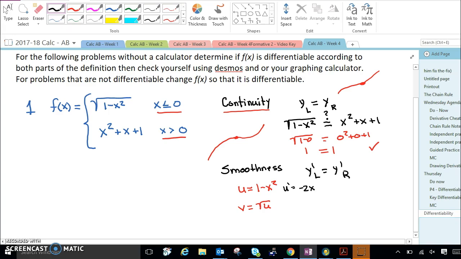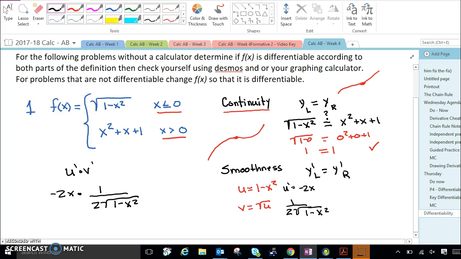The derivative of the square root of u will be 1 over 2 square root of u, but u was 1 minus x squared. The chain rule says u prime times v prime, so we're going to multiply negative 2x times 1 over 2 the square root of 1 minus x squared.